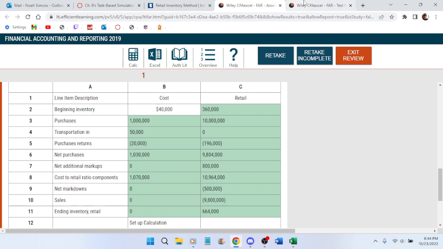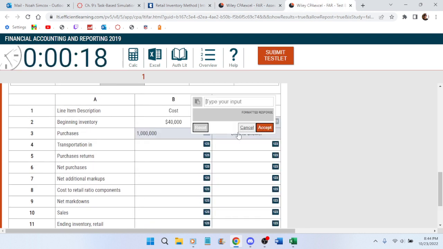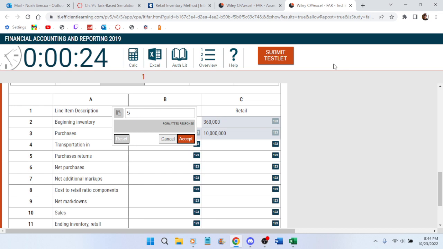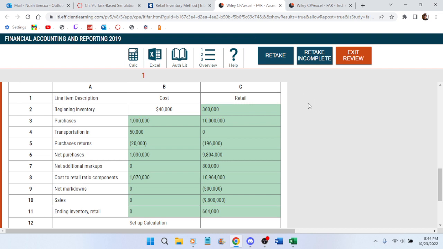I literally double-checked everything. $50,000. Negative 20,000.